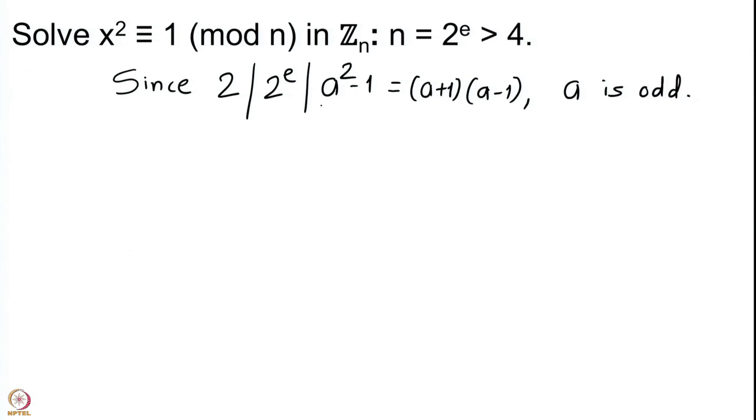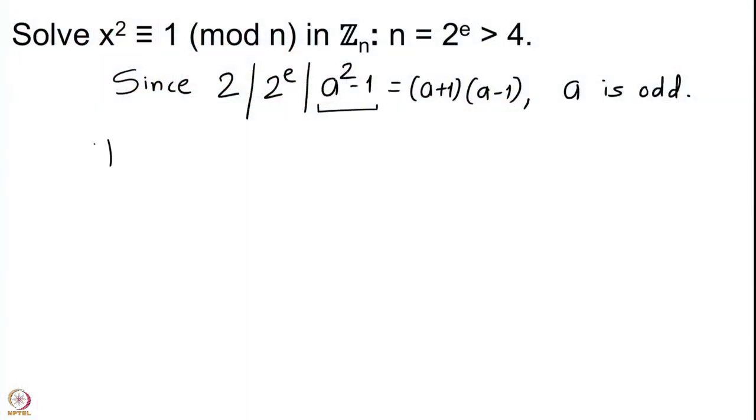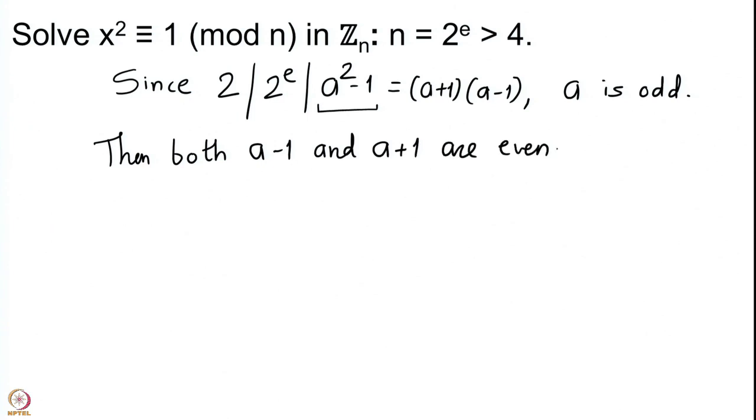Because 2 divides a square minus 1, so a square minus 1 is an even integer. So, a square is an odd integer and then a has to be odd. If a was even, a square would be even and then a square minus 1 would be odd, which would be a contradiction. So, here a is odd and then both a minus 1 and a plus 1 are even, and therefore 2 has to divide both of them.